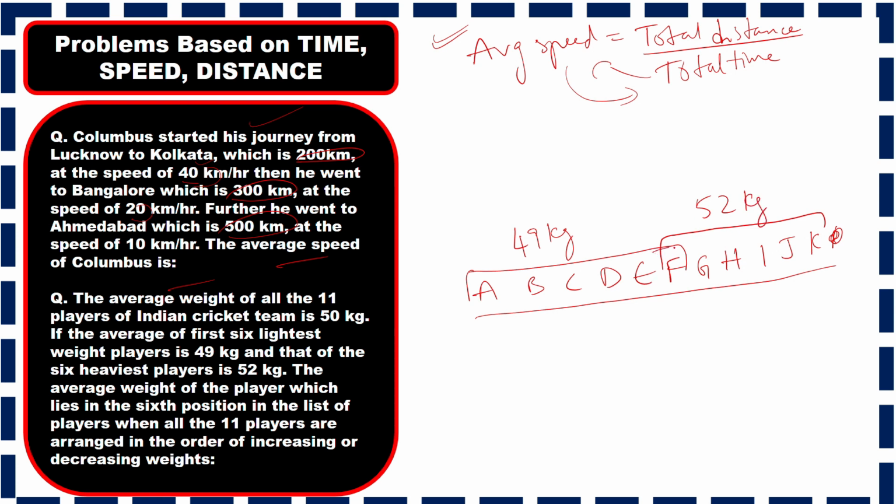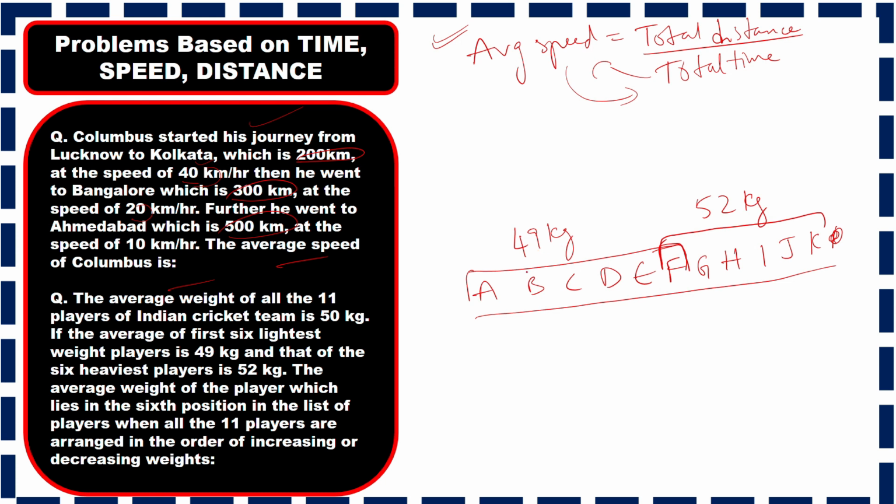What is common? F is common in both the cases, right? From A to F, the average weight is 49 kilos. From K to F, the average weight is 52 kilos. Then the average weight of the player which lies in the 6th position in the list of players. So who is in the 6th position? We must find the average weight of that person.